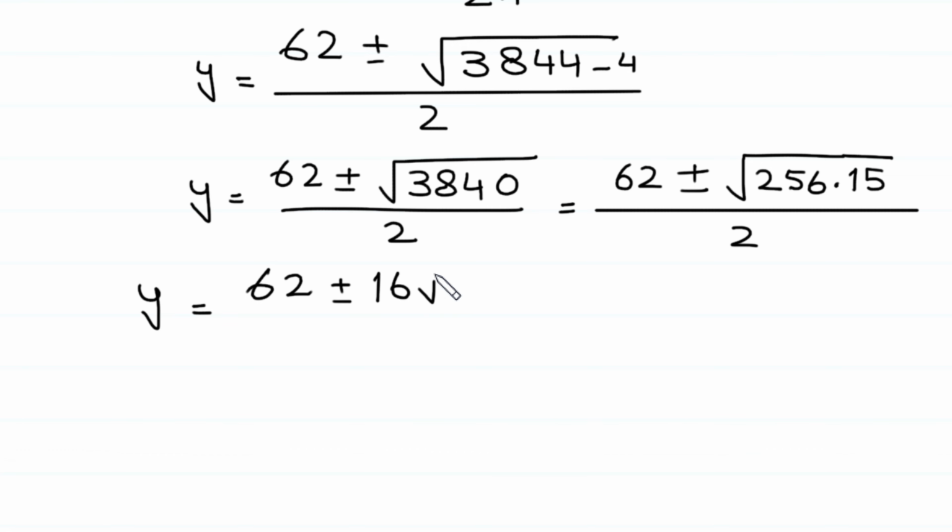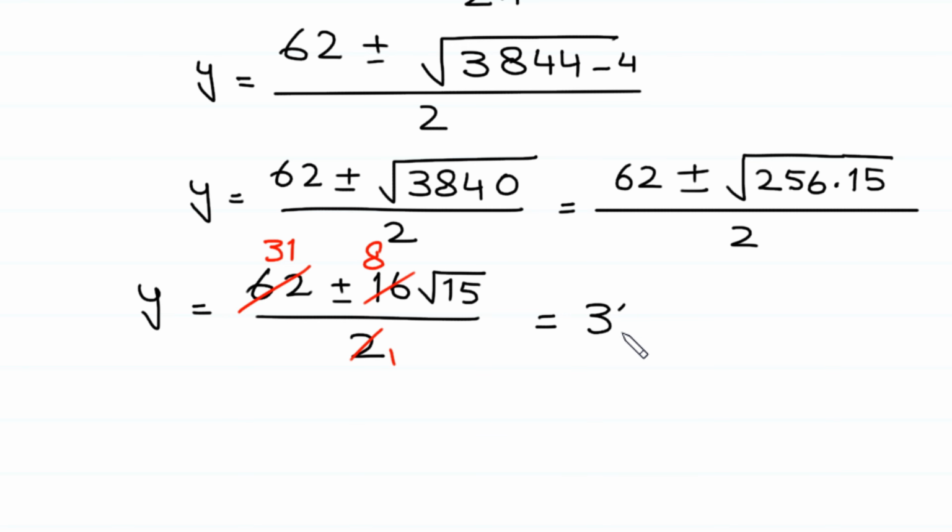Next, y is equal to 62 plus minus square root of 256, which is 16, times square root of 15, divided by 2. From here, 2 one time, 2 thirty-one times, and 2 eight times. So y is equal to 31 plus minus 8 times square root of 15.